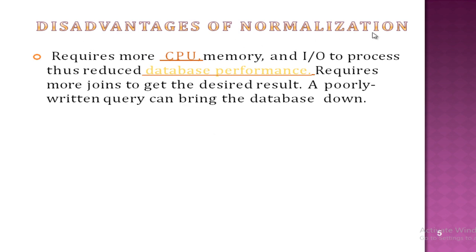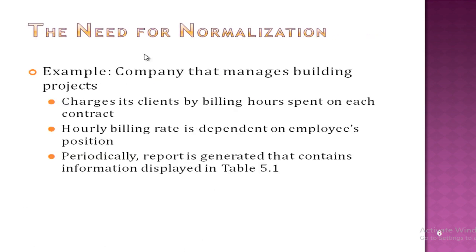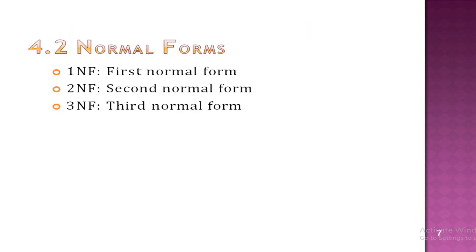Maintenance overhead is also a disadvantage of normalization, and the need for normalization. These are the most important topics, and these are the most important questions also, guys, usually asked in GTU.